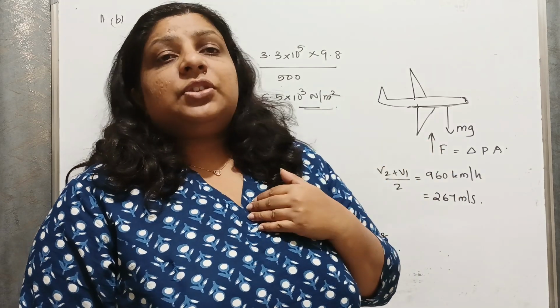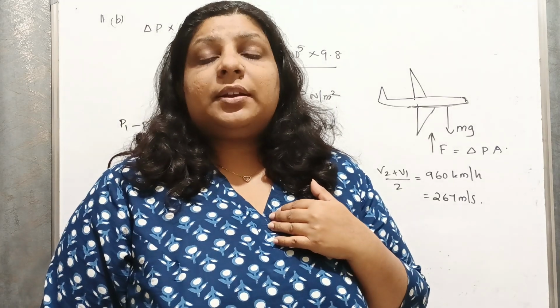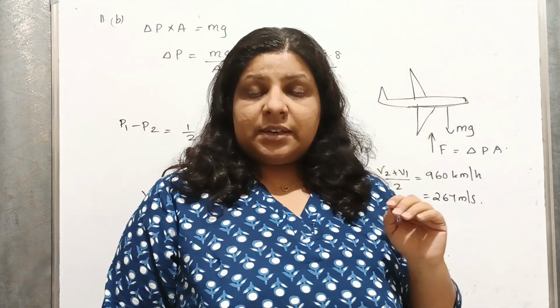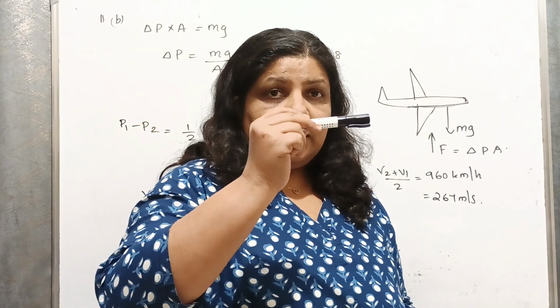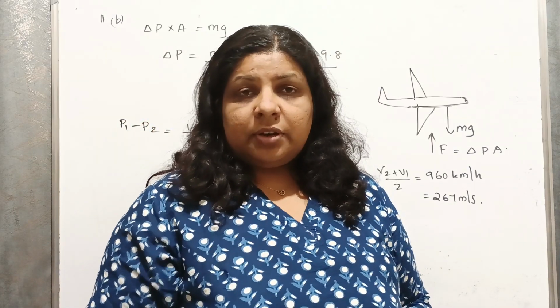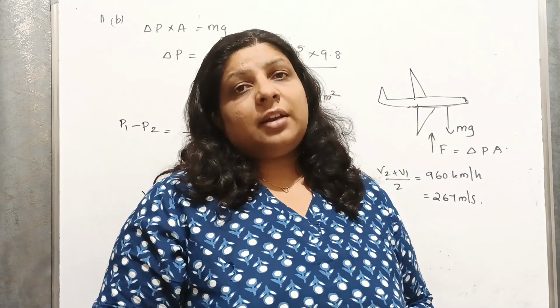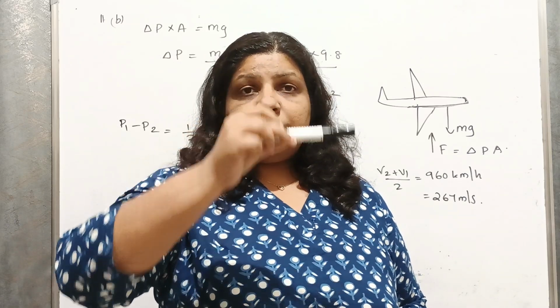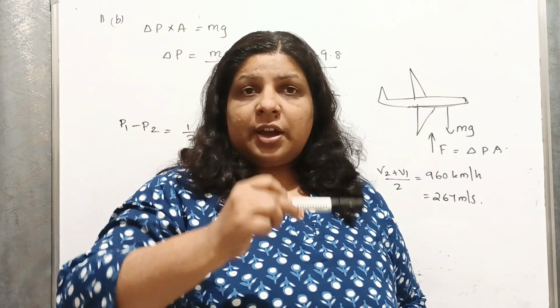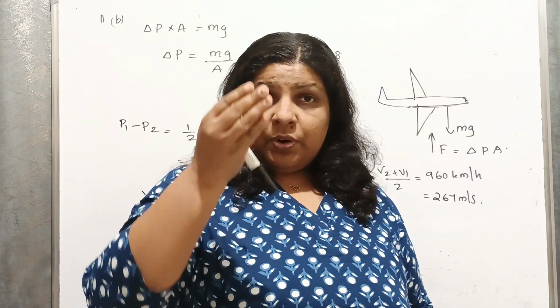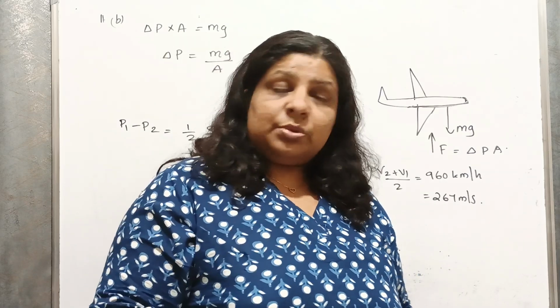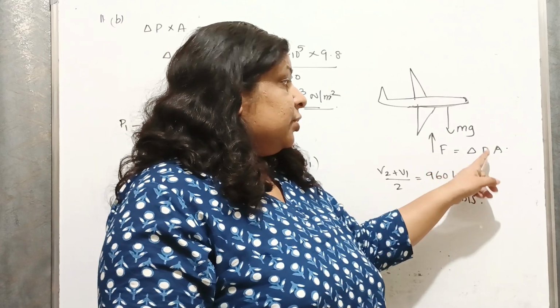Now here how to find the change in pressure. In order to find the change in pressure, you should know one concept, that if the flight is going steadily, it is not going down. That means it is not being pulled by the gravity. So the force due to gravity is balanced by the upward force. That force is due to change in pressure into area.